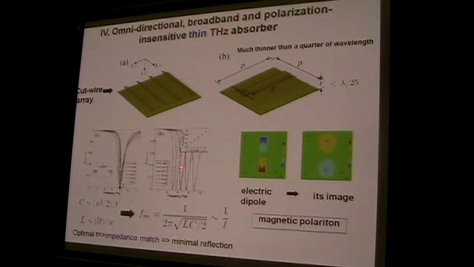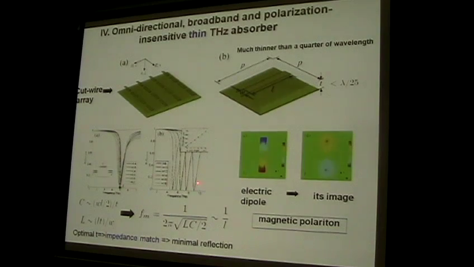And we can also tune the response. If the length is different, you see the resonant absorbing frequency peak will vary, because the resonance frequency of this dipole changes. We made a simple analysis, and according to this magnetic polariton analysis, the resonant frequency should be inversely proportional to the length.